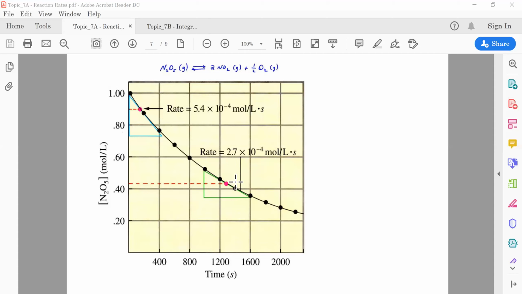So the reaction rate has slowed to 1/2 its initial value after about 1300 seconds. And again, this is typical behavior for most reactions. The differences among the reactions are, of course, how fast it goes down and what the stoichiometries are and several other factors that we'll talk about next time.